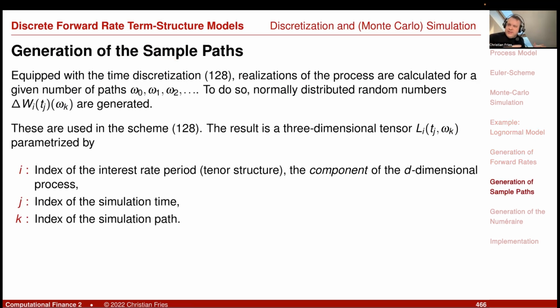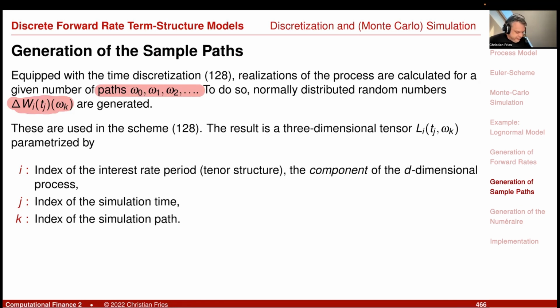So that was discussing the time discretization for the log normal model, the generation of sample paths. Okay, this is not special. So we just sample now our Brownian motion. We have a number of sample paths, and we generate our Brownian motion like we've discussed it. And in the end, we have a very high dimensional object.